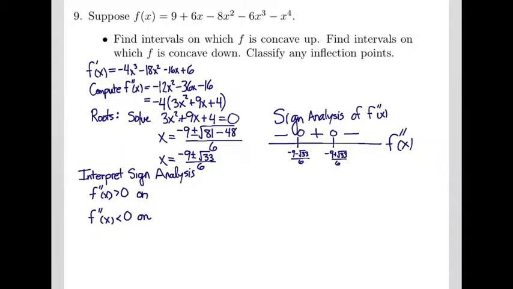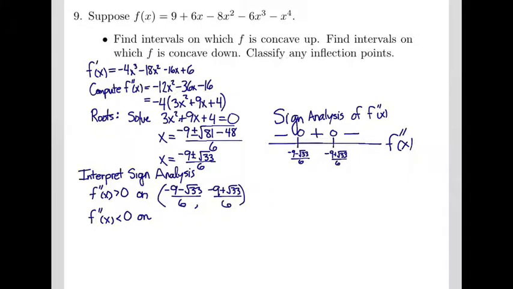So my second derivative is positive on the center interval. So I would write it's greater than 0 on the interval from negative 9 minus root 33 over 6 to negative 9 plus root 33 over 6. So that's the interval on which it's positive.